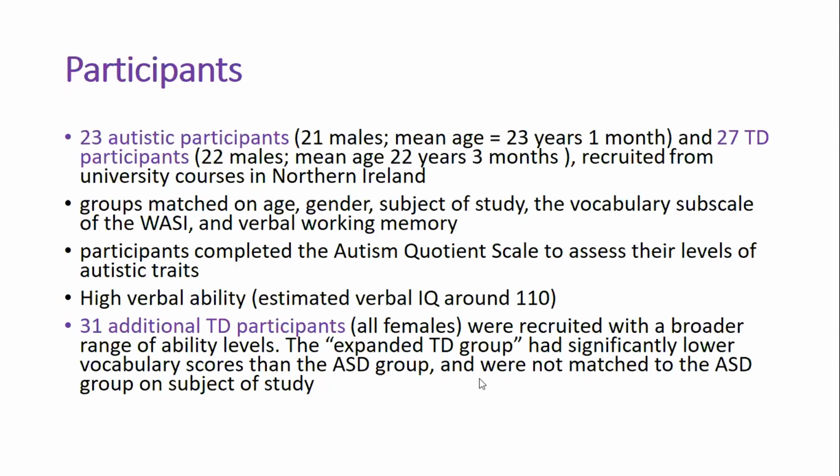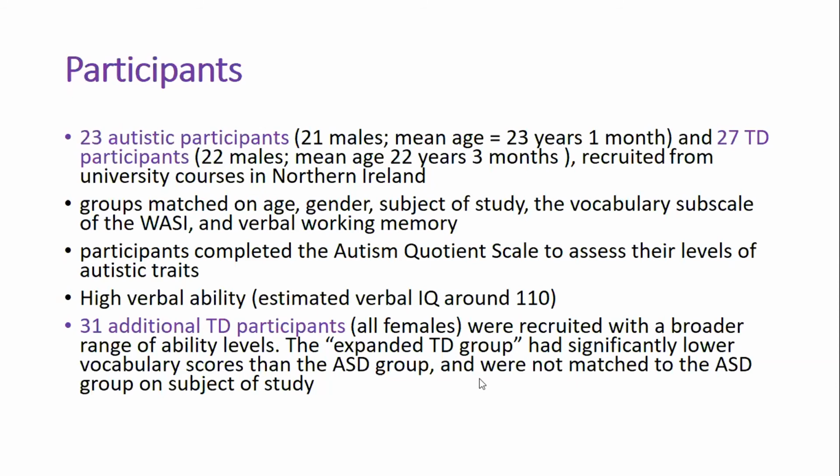And we also included an additional sample of typically developing participants. Maybe you know that a lot of people who are diagnosed with autism are males. So in the matched sample, we had almost just male participants. So in this additional group, we had just female participants, and this group was also not as high ability.